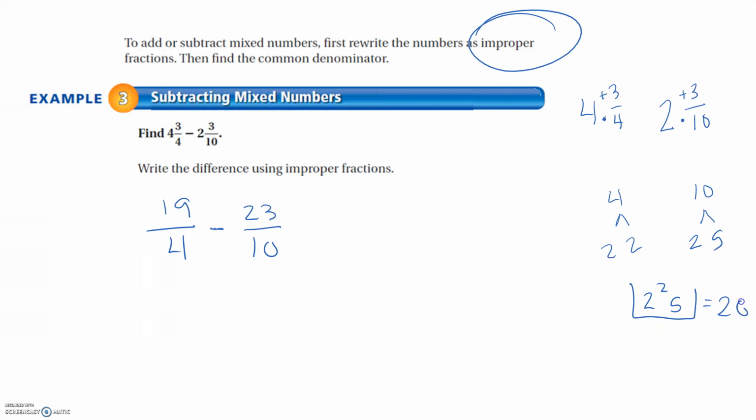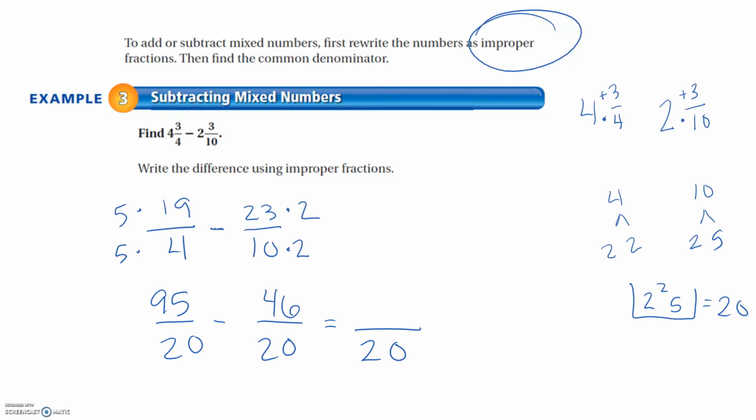So my LCD is going to be 20. 4 times 5 gave me 20, so I'm going to have 19 times 5, which is 95. And 10 times 2 gave me 20, so 23 times 2 is 46. So now I have 20 over, and I'm going to take my 95 minus my 46.